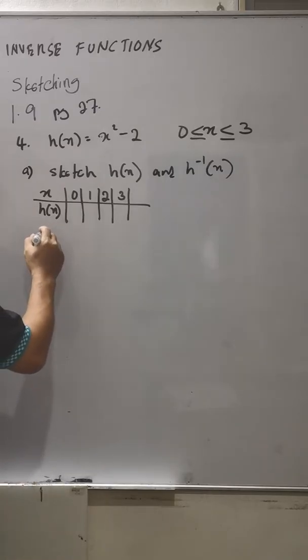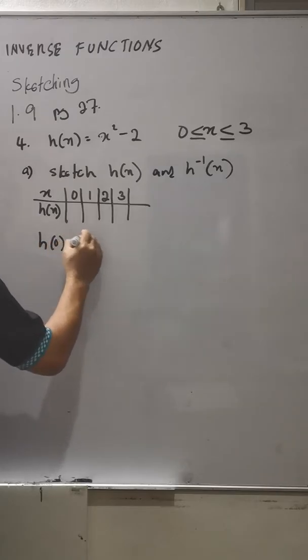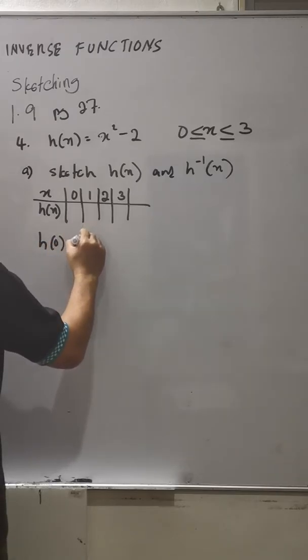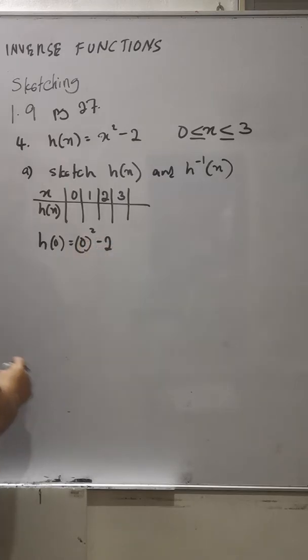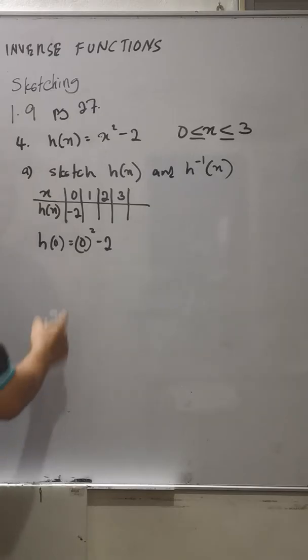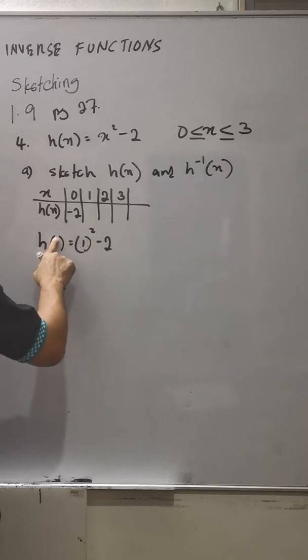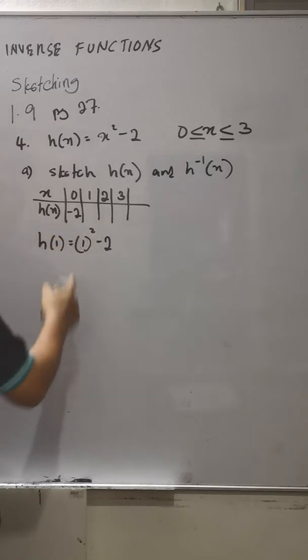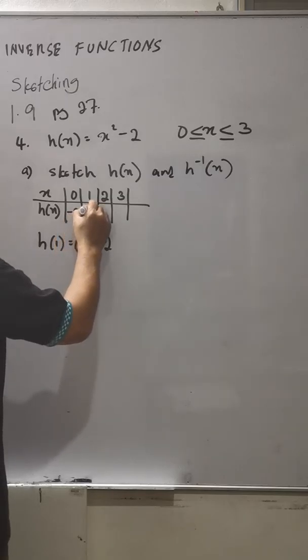So since h(x), let's say h(0) equals 0 squared, minus 2. So it will be negative 2. If we replace x as 1, 1 squared will be 1, minus 2 will be negative 1.